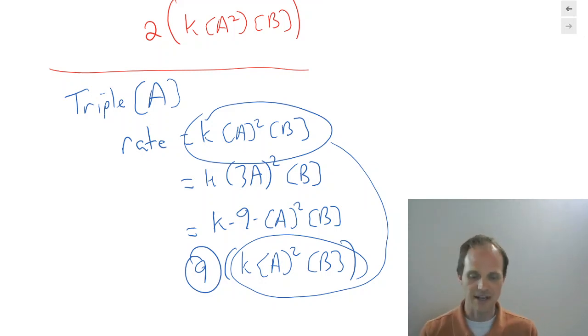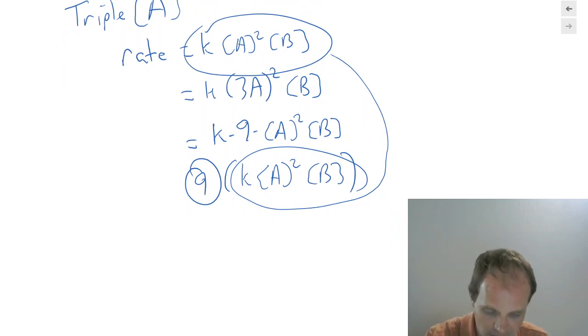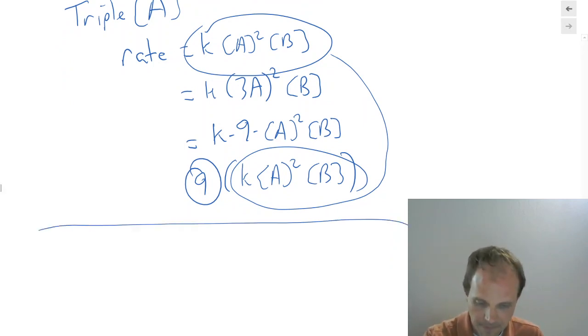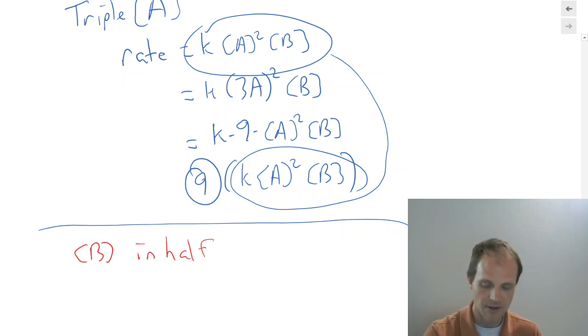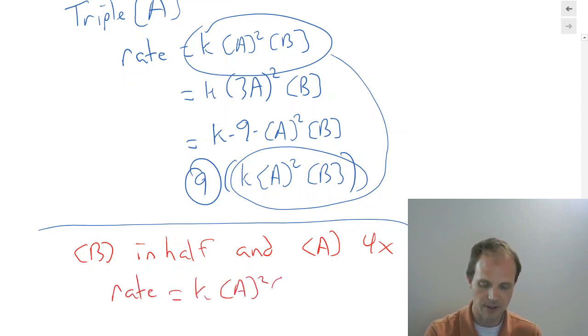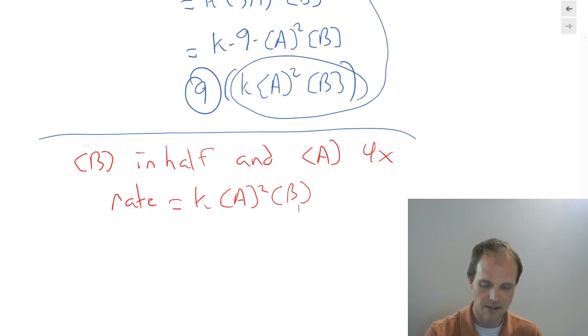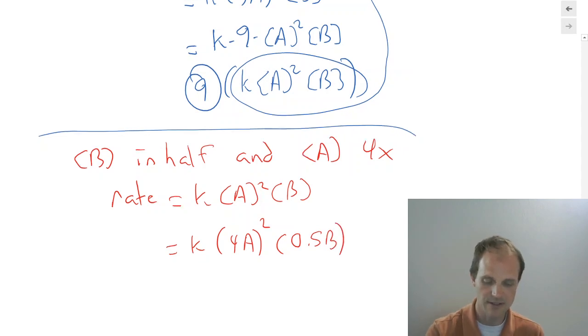Whew, this is kind of fun, actually. How about if I do something a little more complicated? What about if I take B in half and A 4 times? Do it the same way. Rate is equal to k times A squared times B. My new A is 4 times what it was. My new B is half of what it was.